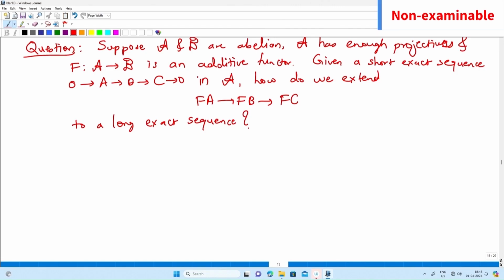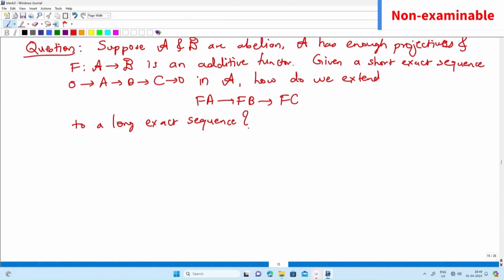So if F is right exact, then you just want to extend it on the left side, and those are called the left derived functors. And if F is left exact, then you want to construct the right derived functors, and then you can extend it on both sides.